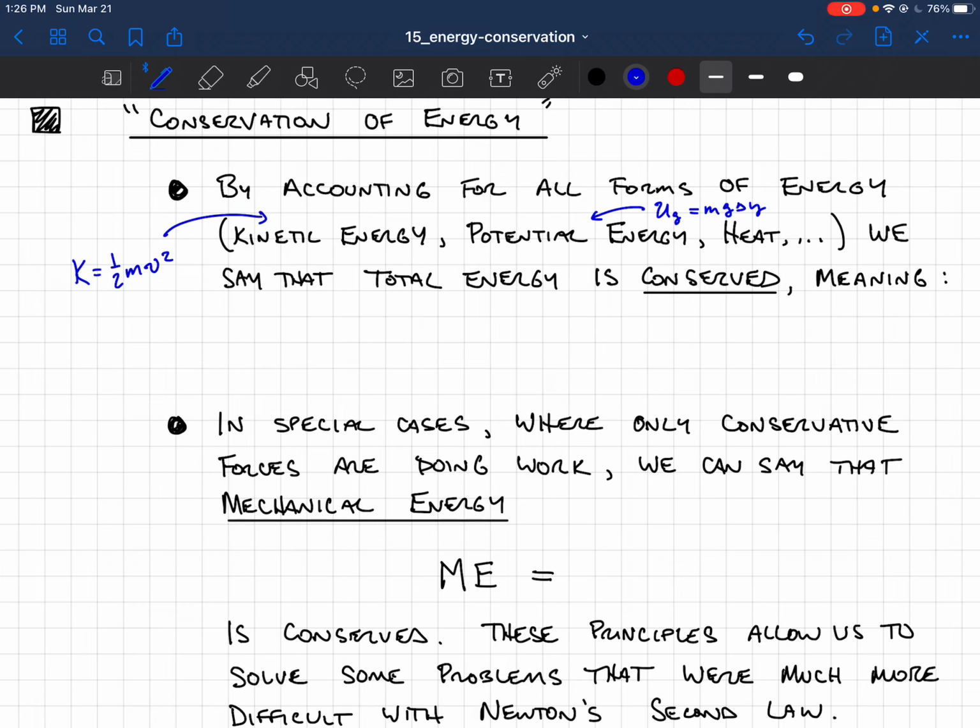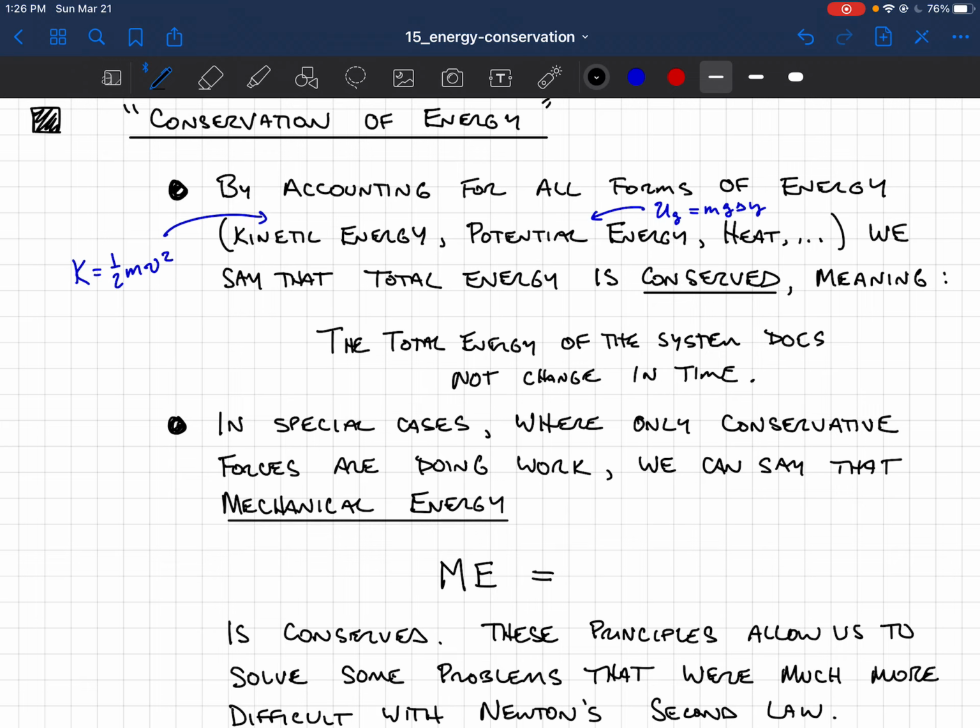If you account for all forms of energy, then it's a general principle of physics and of the universe that the total energy is conserved. And what we mean is that the total energy of the system does not change in time.